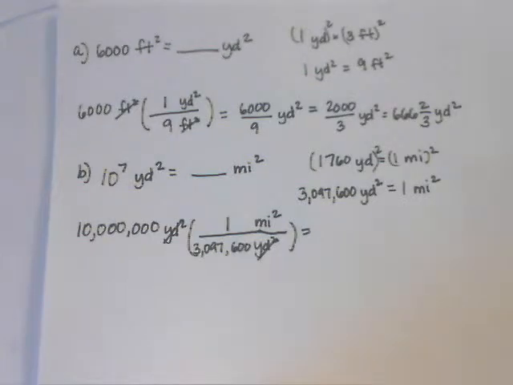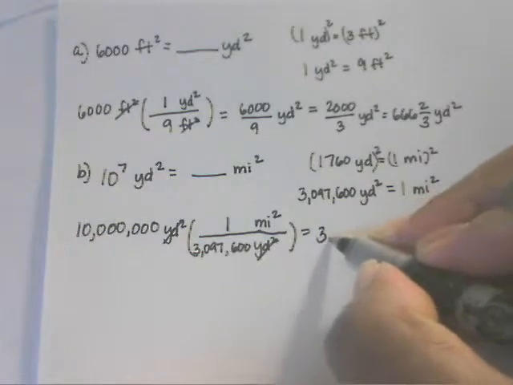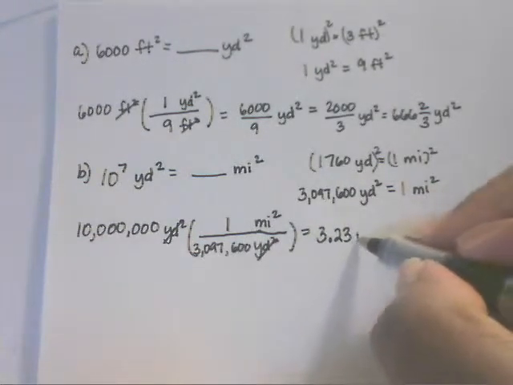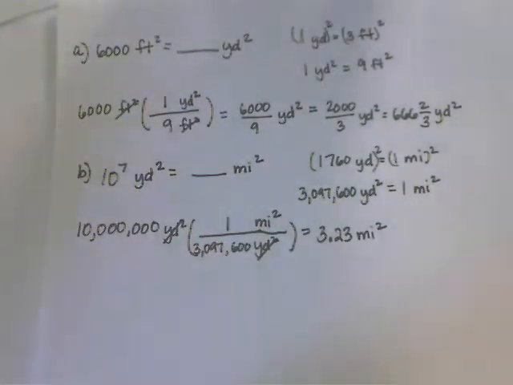So in this case here, I came up with 3.228305785, but to 2 decimal places, it'll be 3.23. And that's in square miles. So 10 million square yards is equivalent to approximately 3.23 square miles.